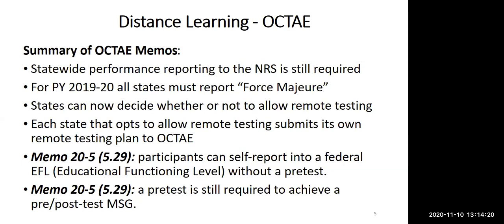So what they're saying in that memo is, yes, pre and post testing absolutely still required, but we know that it's going to be very difficult to do it right away like you normally do. So you can use informal means of placement so you can get the student in the appropriate program, in the appropriate class, and so on. We understand it might take a while before you can actually get that person, with a valid pre-test.